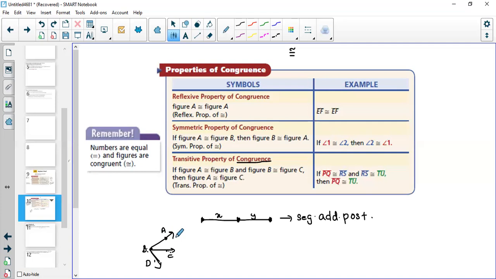When you add 2 angles and show a statement, that's called the angle addition postulate. I think it's easy if you write down all these postulates and properties in your diary or a paper, wherever you are writing, so it's easy for you to revise.